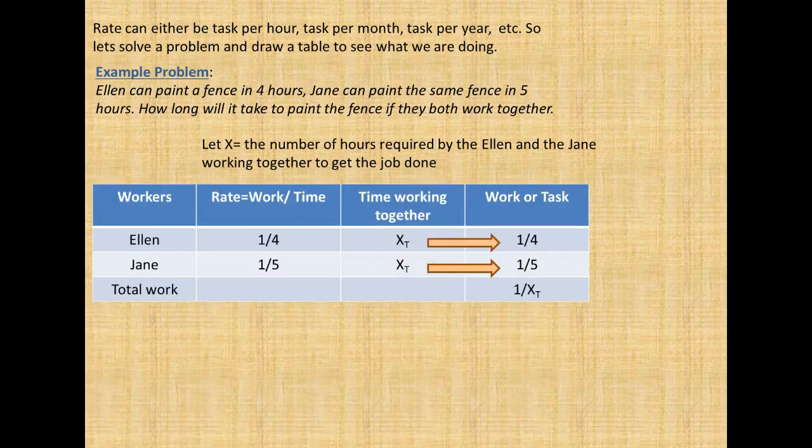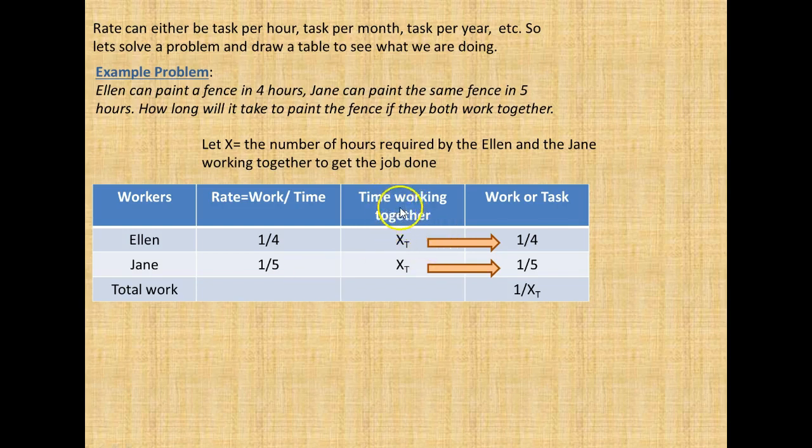Okay. So we have workers, Ellen and Jane, and we have rate equals work divided by time. We have one job divided by, for Ellen, 4 hours, so we have 1/4 of the fence per hour, because she can paint a fence in 4 hours. Jane can paint the fence in 5 hours, so we have rate of work equal to one job divided by 5 hours, so that's 1/5 of the fence per hour.